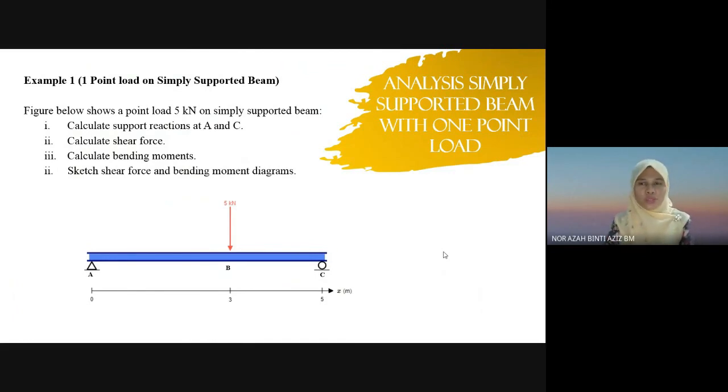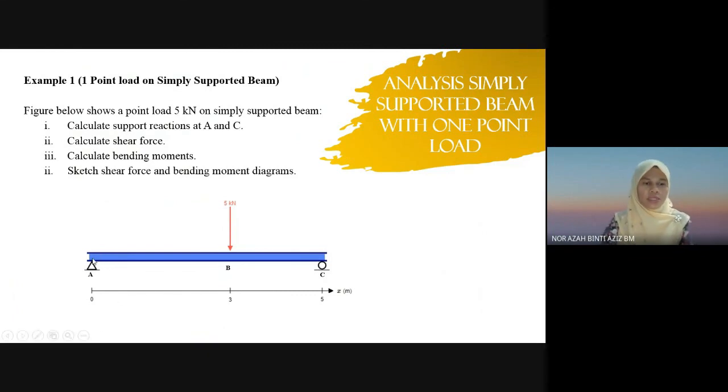So I want to share with you what is simply supported beam, because after this you will analyze simply supported beam with 1 and 2 point load. What is simply supported beam?